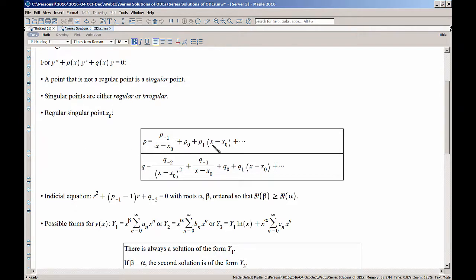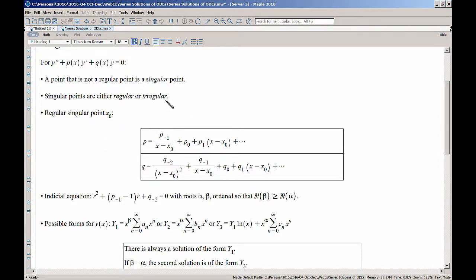P has a Laurent expansion that starts at most with the 1 over x term. And Q has a Laurent expansion that starts at most with the 1 over x squared term. So P has a pole of order 1 at worst, and Q has a pole of order 2 at worst. That makes x naught a regular singular point.